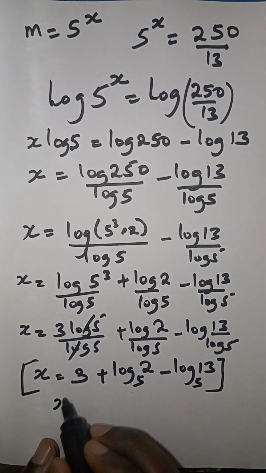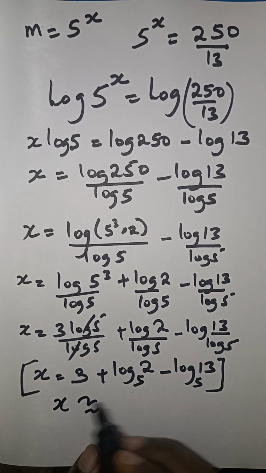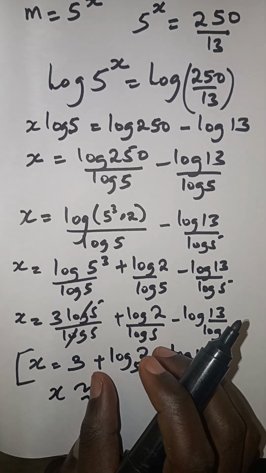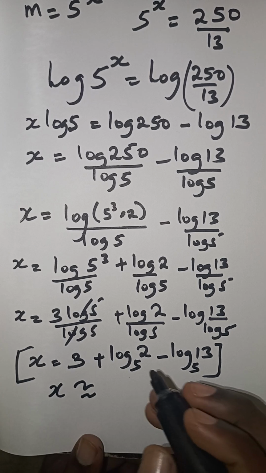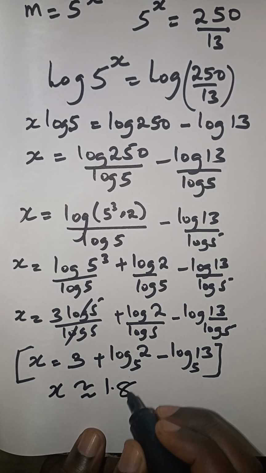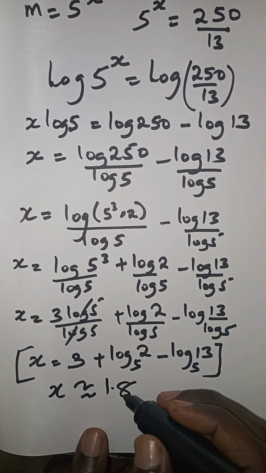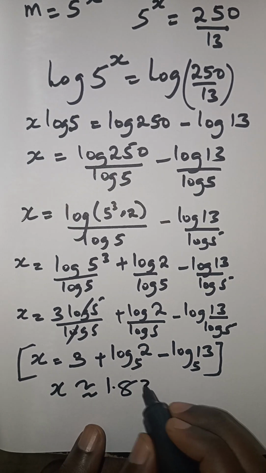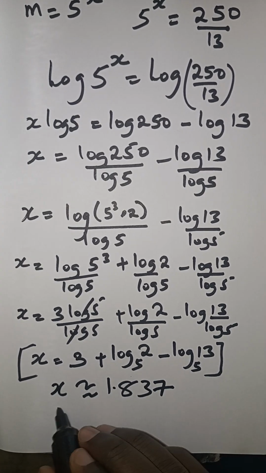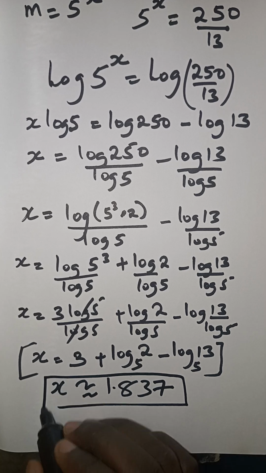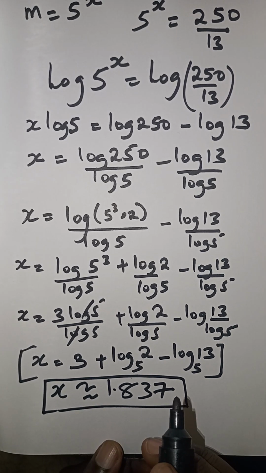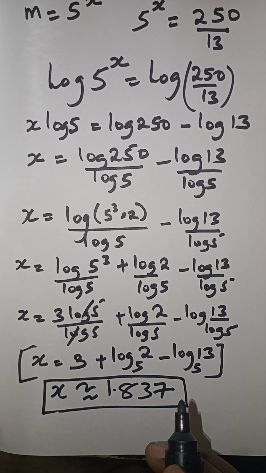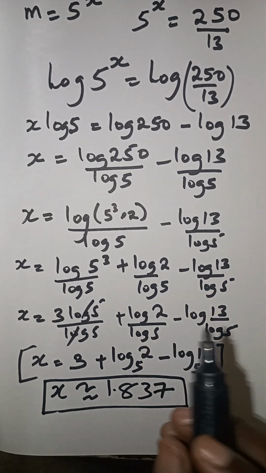which is approximately equals to, when you solve this punching in your scientific calculator, you're gonna get 1.837, which was indeed in the range of 1 to 2.